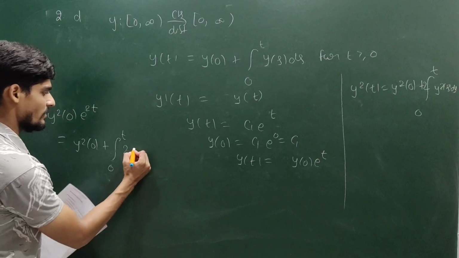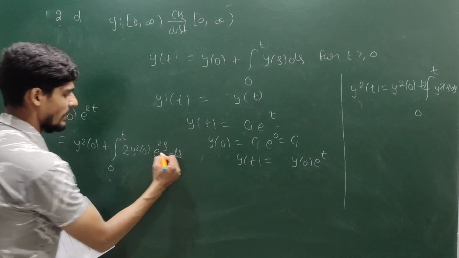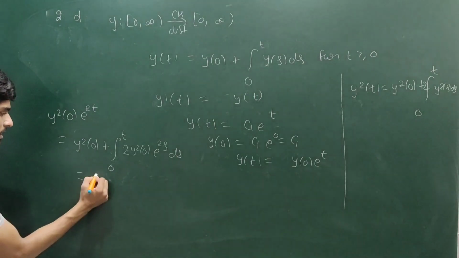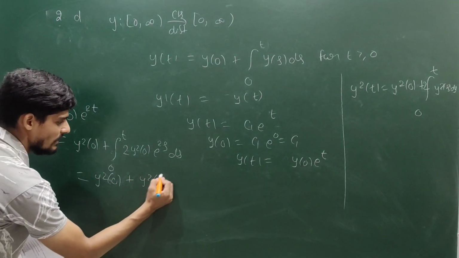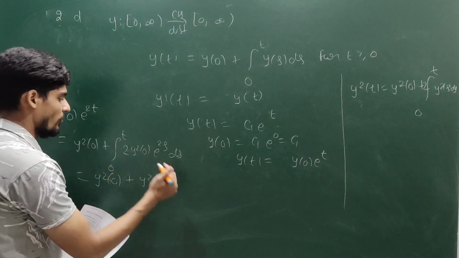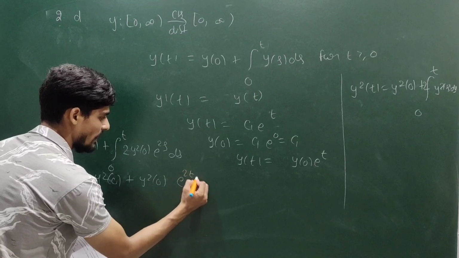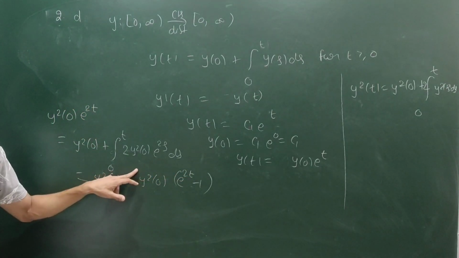So it will be y square at 0 e to the power 2s ds. If you solve this, you are going to get y square at 0 plus y square at 0. The integration will be e to the power 2s. If you put the limits from t to 0, so e to the power 2t minus 1, this will be the solution after putting the limits of integration.